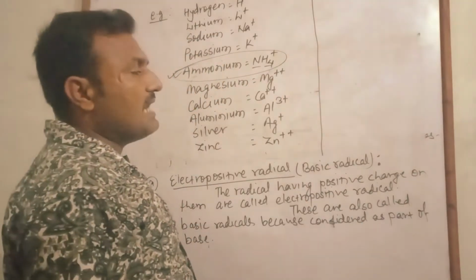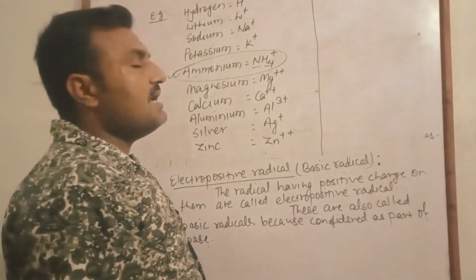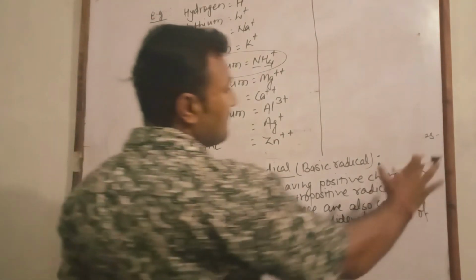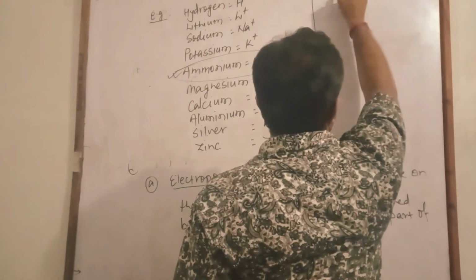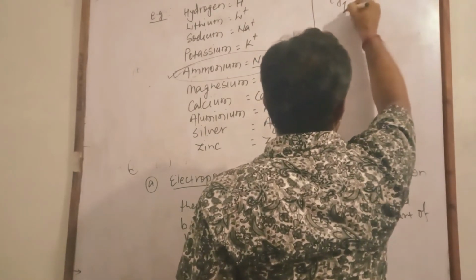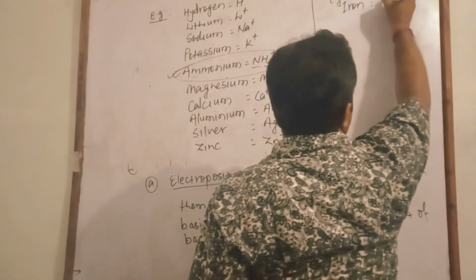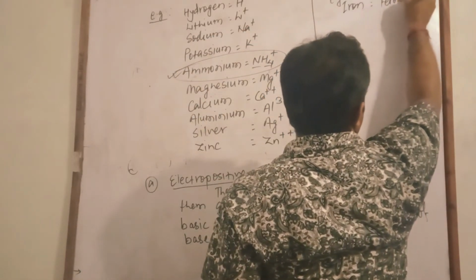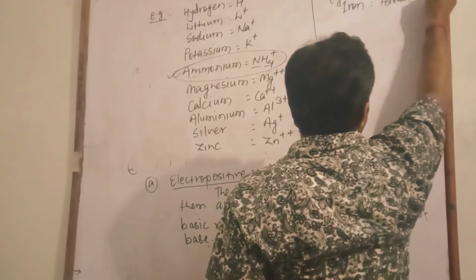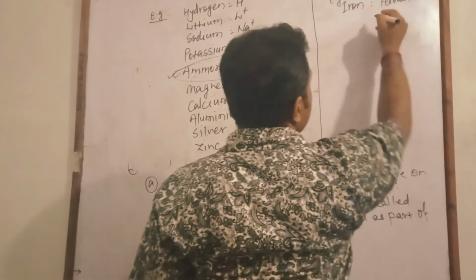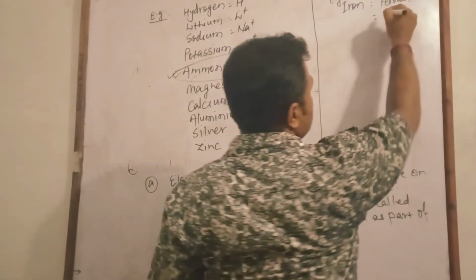some electropositive radicals having more than one valency are found in variable oxidation states, for example iron. Iron exists in two forms: ferrous, represented by Fe2 plus, iron having two valency, is called ferrous.